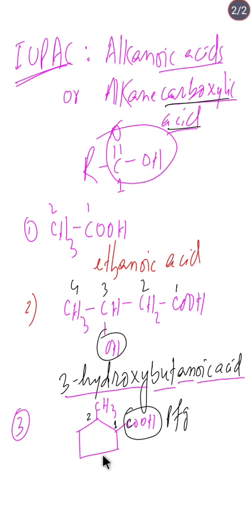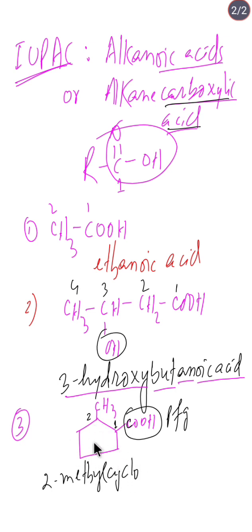Okay, so let me write the IUPAC name of this compound: 2-methyl is the prefix, and the chain is cyclic in nature, so I'm going to add cyclo, 2-methyl cyclo.